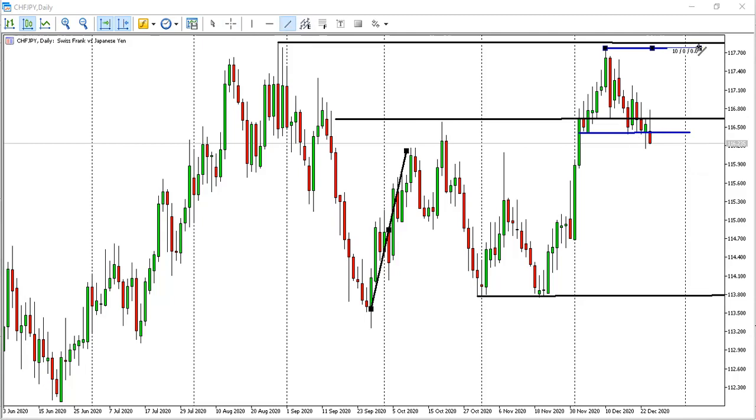This is still a major swing high for the daily. Though there is a swing high here which we can still consider to be a major swing high, it's still significant. Don't forget this is a daily time frame, so it's still significant, guys.